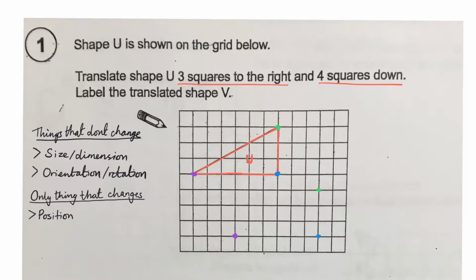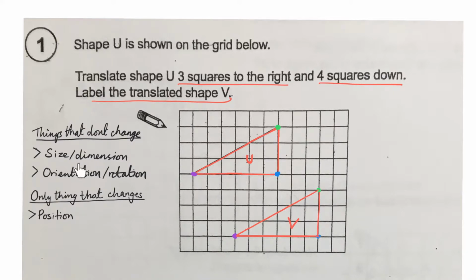All we need to do now is just join the vertices, join the corners of the triangle, and please make sure you use a ruler. And that's it, we're done. And it says here to label the translated shape V, so we must label this V, and we're done.